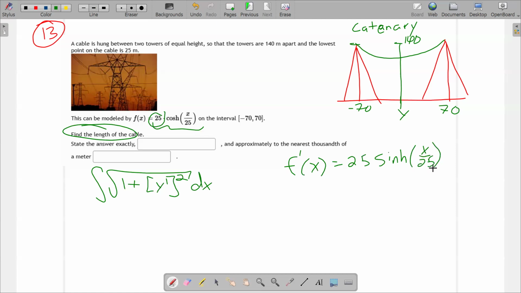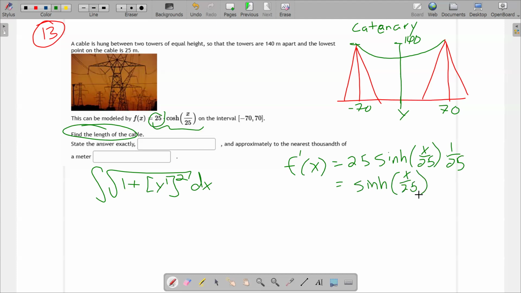And then since there's more than just an x inside, the chain rule jumps in and says, take the derivative of x over 25, which is just 1 over 25. And so our derivative is just the hyperbolic sine of x over 25.